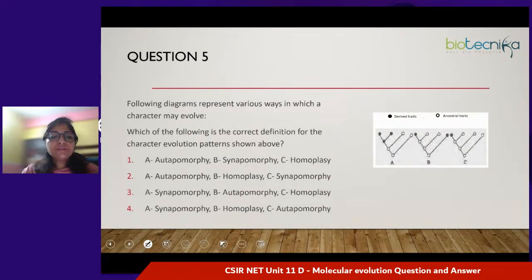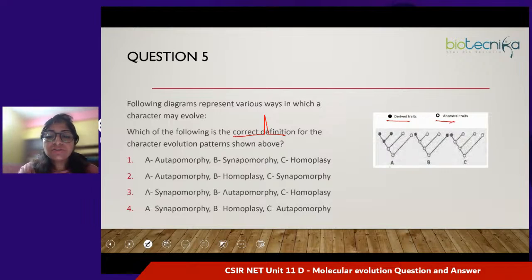Next question. The following diagrams represent various ways in which characters may evolve. Which of the following is the correct definition for the character evolution pattern shown above? Always when there is a graphical or pictorial representation, read the legends, what sign means what. Here it says black spot means derived traits, white spot means ancestral traits.